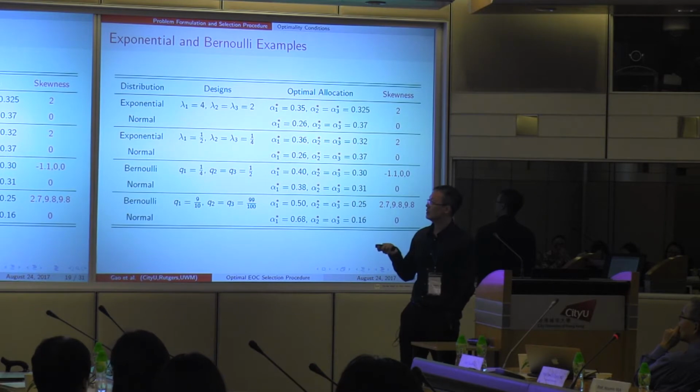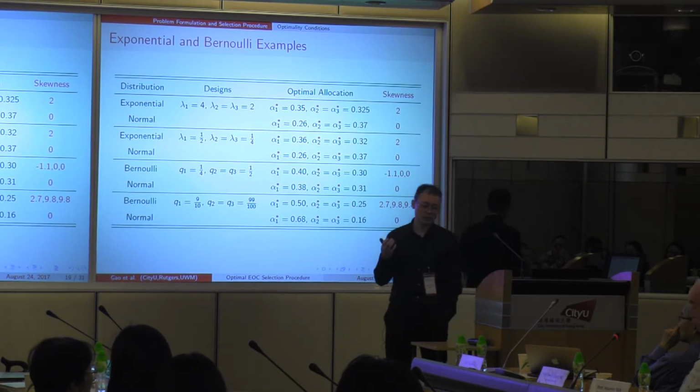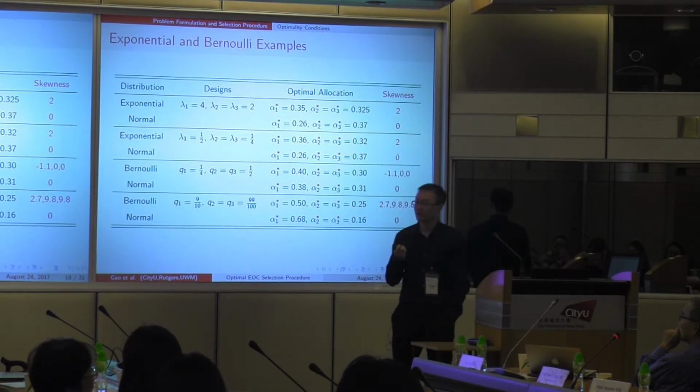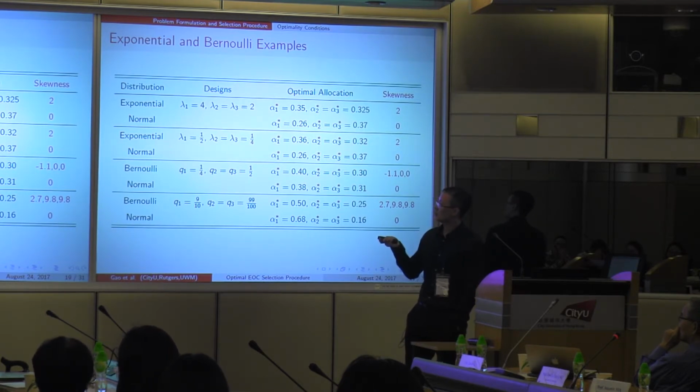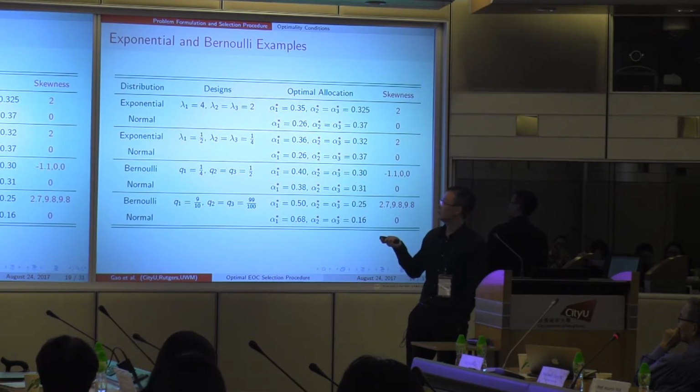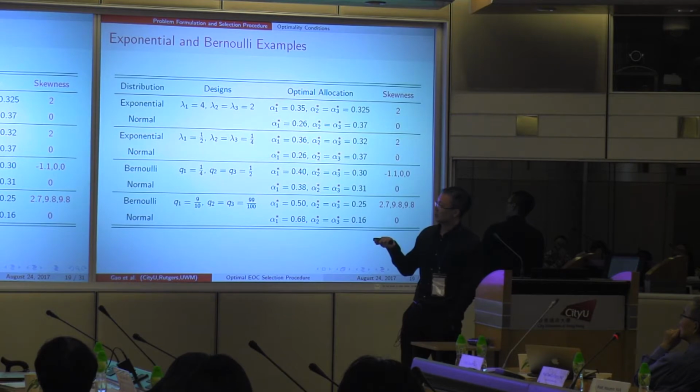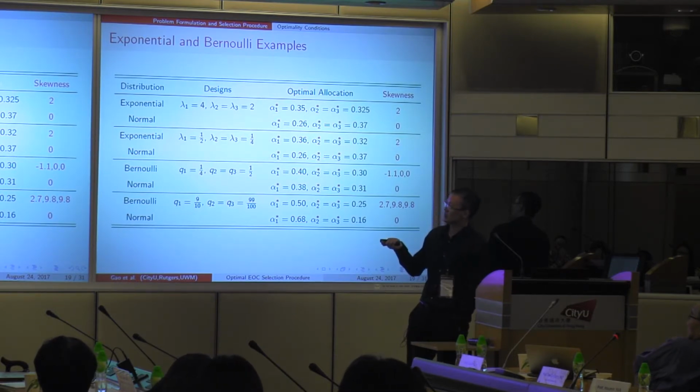We all know that the normal distribution is symmetric, so its skewness is 0. For the 3rd example, all the 3 Bernoulli designs have skewness very close to 1. So the skewness of the 2 cases are close to each other. So is the difference in the optimal allocation of these 2 cases.